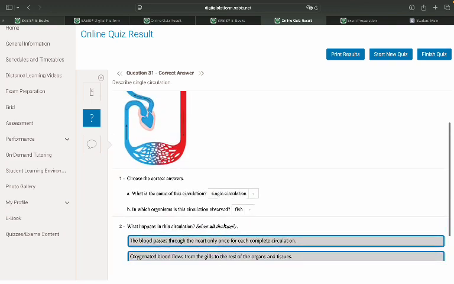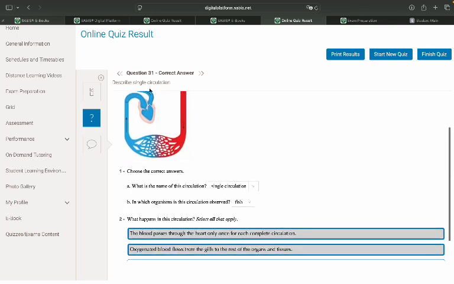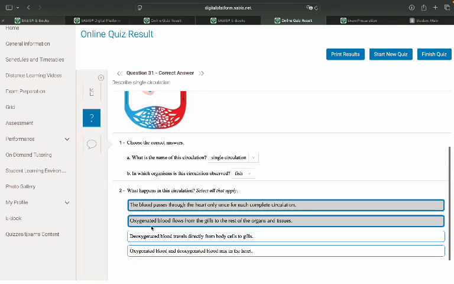The oxygenated blood flows from the gills to the rest of the organs and tissues. Now, obviously, fish don't have lungs. Fish breathe from gills, so that's why it flows from the gills to the rest of the organs and tissues, unlike in humans.